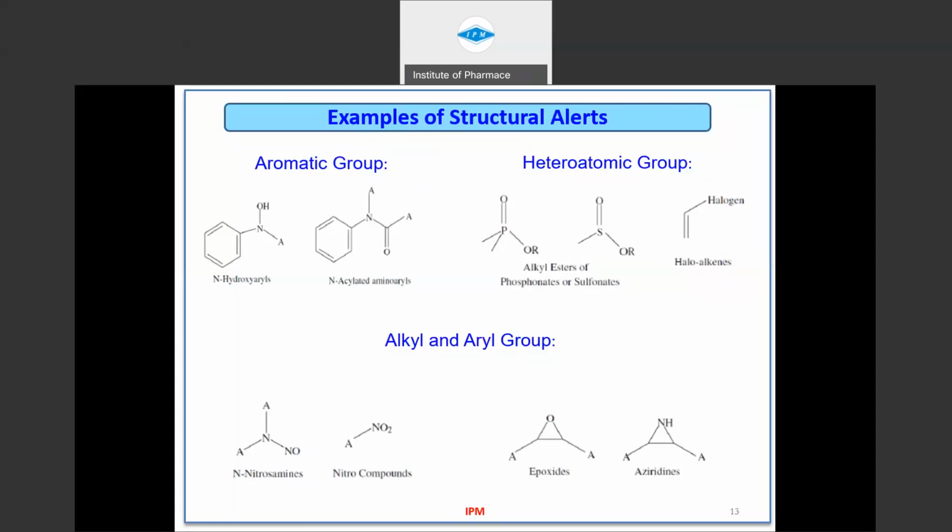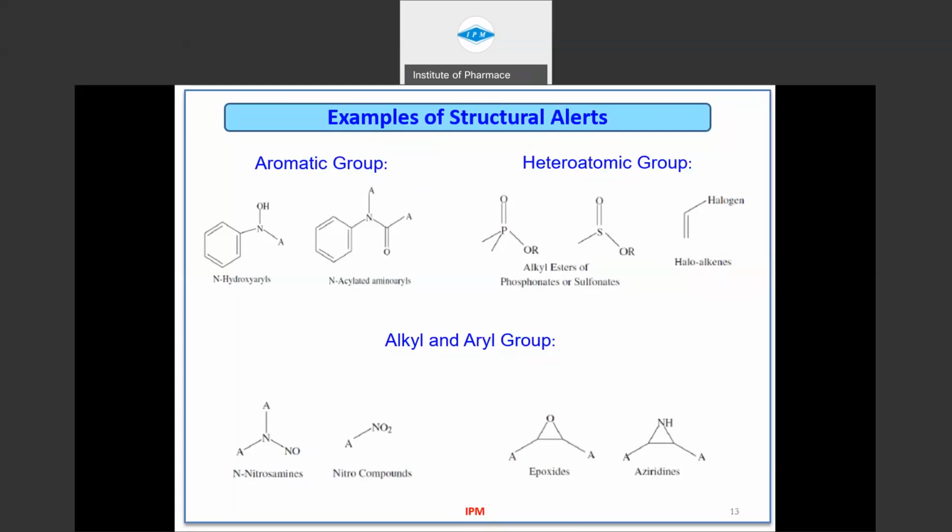These are some of the examples of structural alerts. What we notice is these are highly reactive functional groups which can react with the base pairs, adenine, guanine, thymine, uracil, nitrogen containing base pairs.